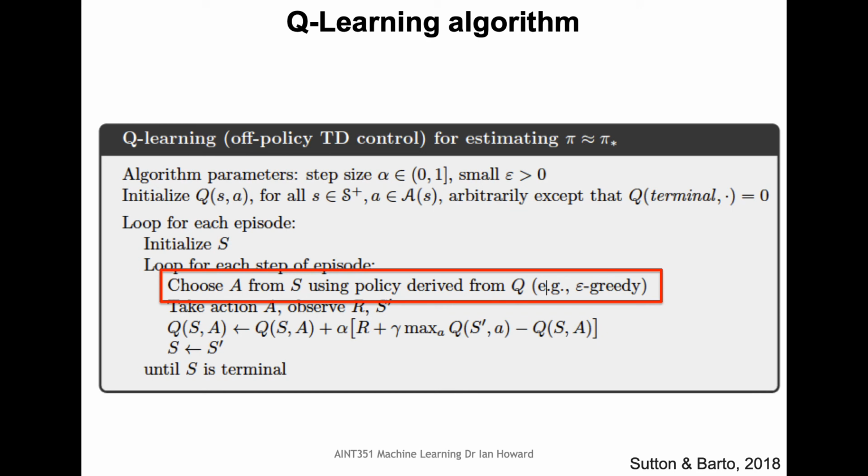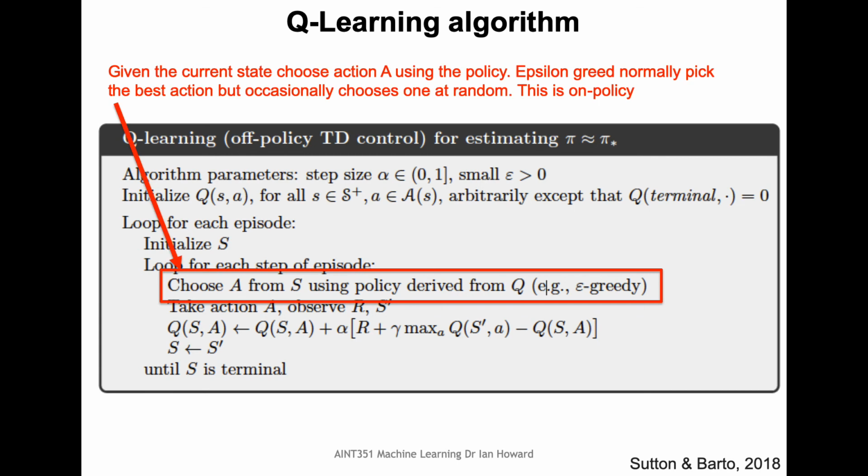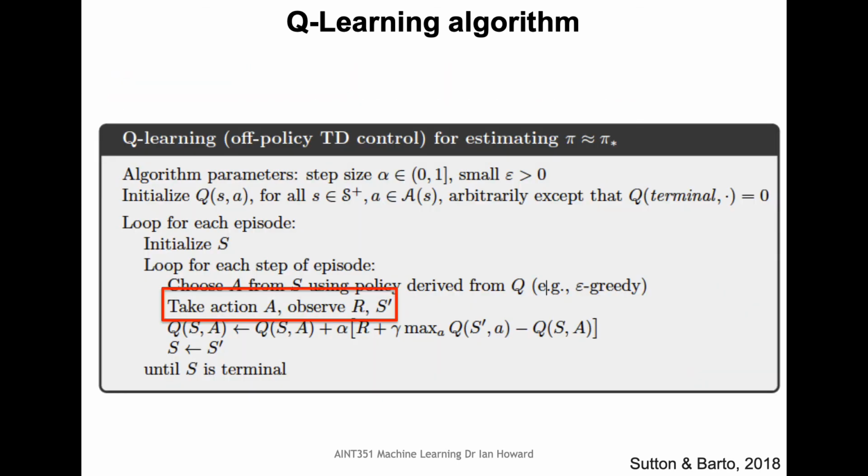So epsilon greedy then some of the time will be random, and some of the time it's choosing what it thinks is the best action. Given the action, we look at the transition matrix, and it gives us what the next state S prime is going to be, and it also lets us calculate what the reward is from that transition from state S to state S prime.